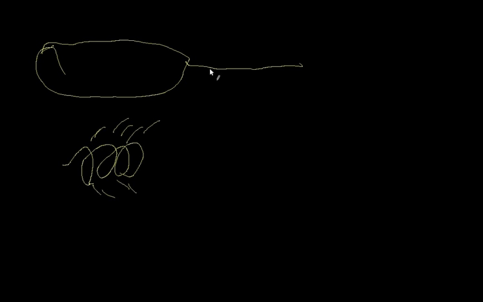Now, bacteria also have an apparatus known as a flagellum. The flagellum is a way in which bacteria can move about in a suspension. It can propel them forward, or it can tumble, and that allows them to change direction.